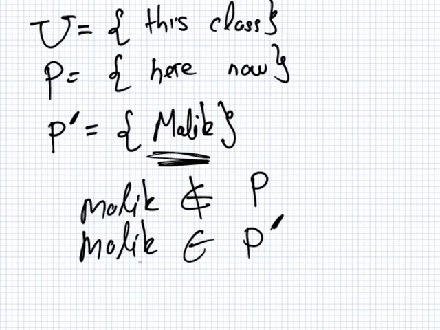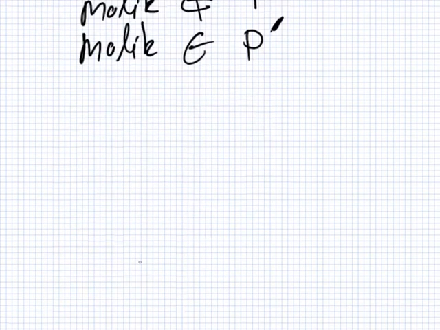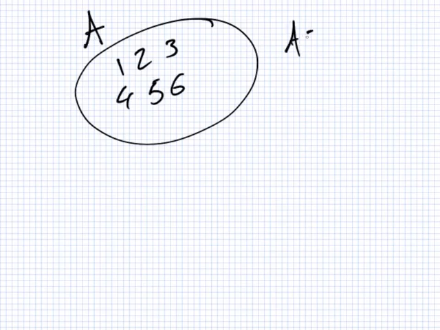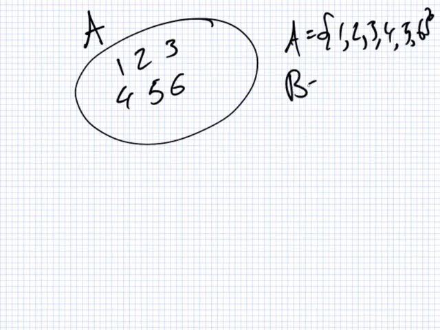So there's the other thing to do. Can I scroll down? Right, so sometimes smaller sets are in bigger sets. So we could have a set here, and in this set could be the numbers 1, 2, 3, 4, 5, 6. This could be set A. A equals the numbers 1, 2, 3, 4, 5, 6. And then maybe set B could equal 2, 4, 6.